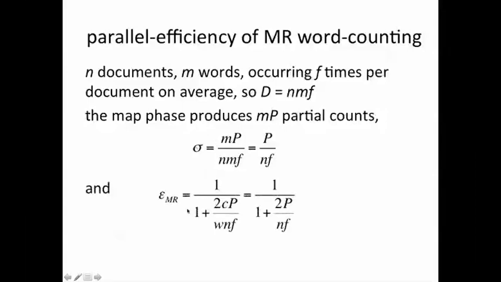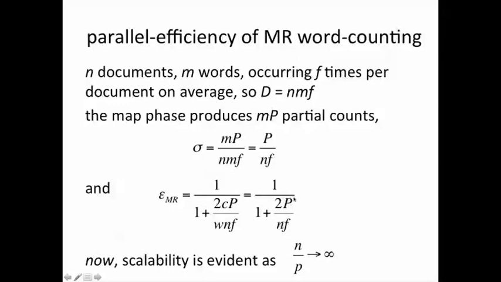We get the parallel efficiency is this expression, 2c sigma by w. Now assuming w and c are the same, which is a simplifying assumption in our case, we get an expression that looks like this. Notice here that as the ratio n over p goes very large, that means you have large volumes of data, large number of documents, then the efficiency goes to 1, as we would expect for a scalable parallel algorithm.